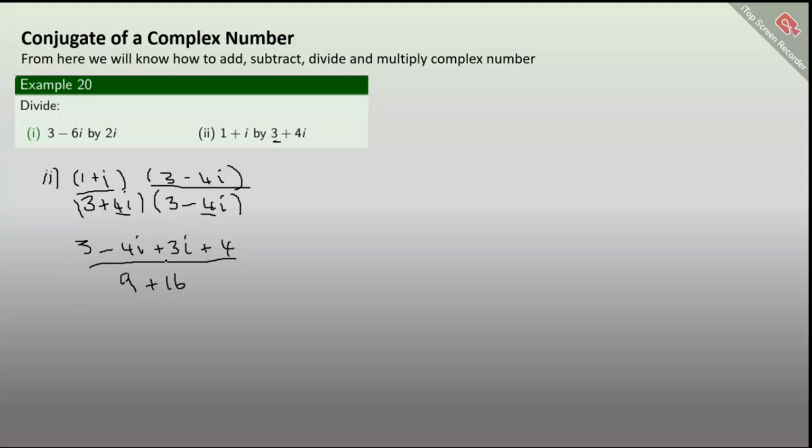What we'll do is 4 plus 3, which is going to give us 7. This one and this one are the like terms, so you can subtract, and it's going to give you negative i. Then our denominator is going to be 25, which I can divide individually, 25. Then this side, 25. Okay, we are done. Very simple.